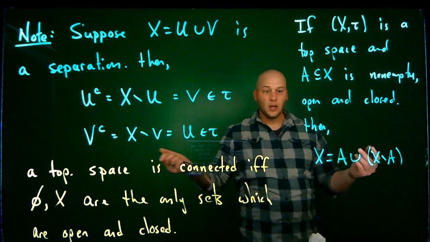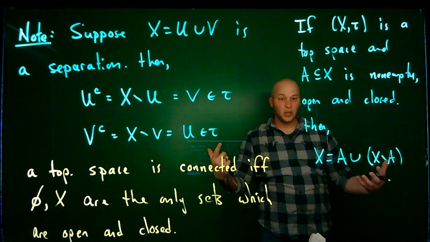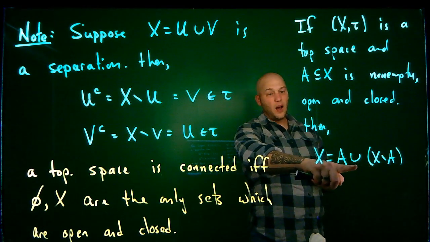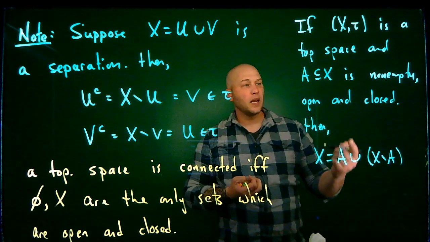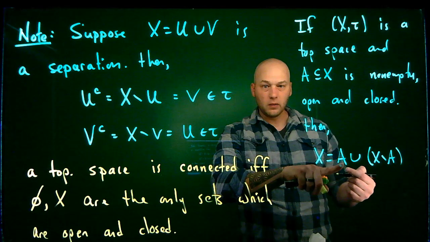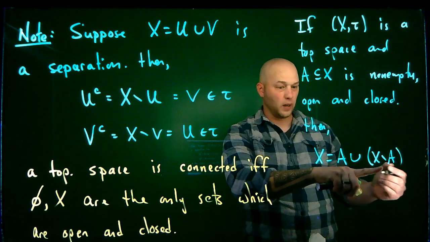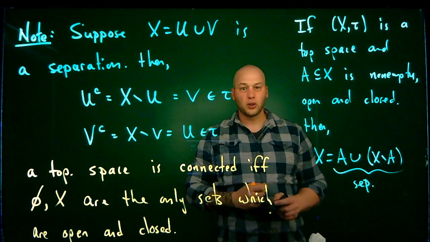No matter what A is, if A is empty or the entire set X or anything in between, X is always the disjoint union of a set with its complement. But in particular, we're saying A is both open and closed. Well, if A is open, then this is open, and if A is closed, then the complement is open, and therefore this right here is a separation.